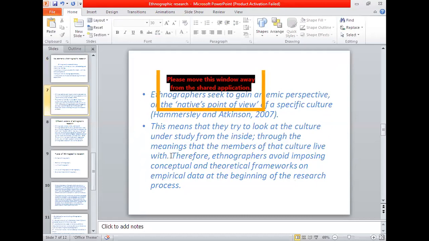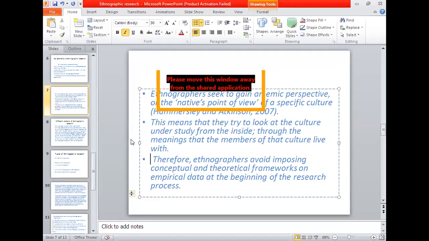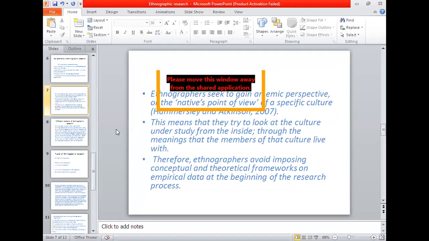Therefore, ethnographers avoid imposing conceptual and theoretical frameworks on empirical data at the beginning of the research process.